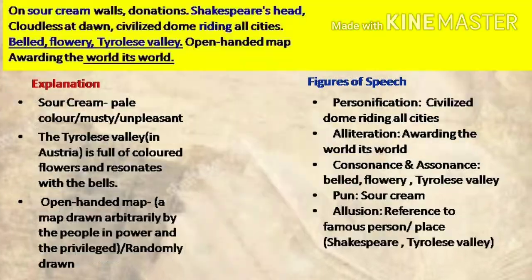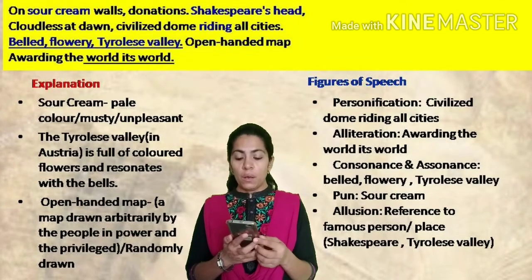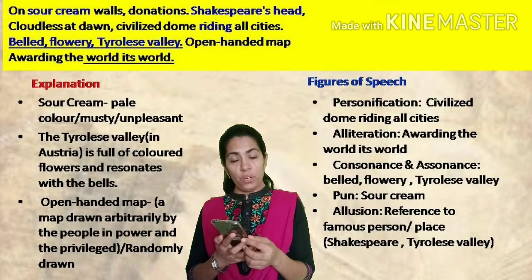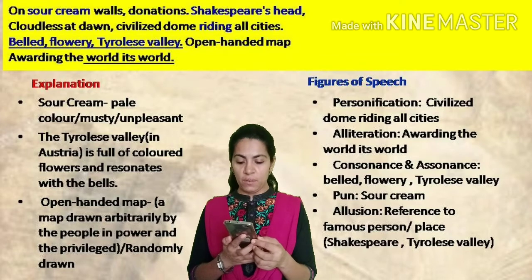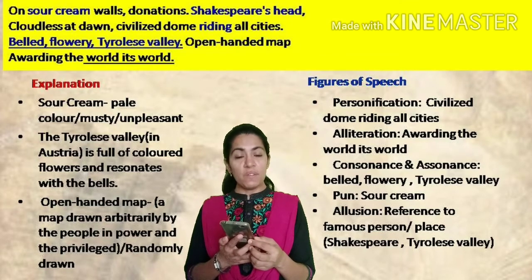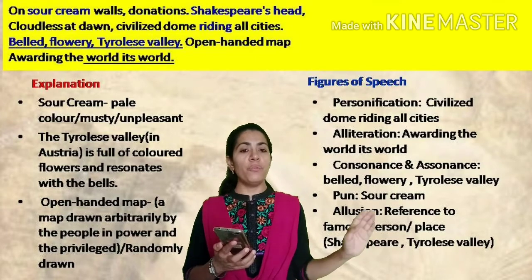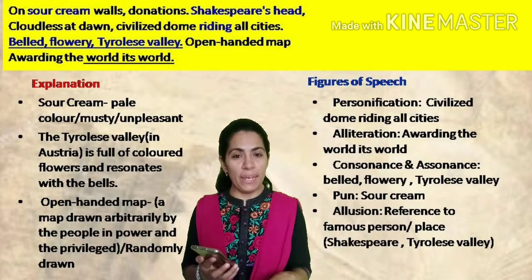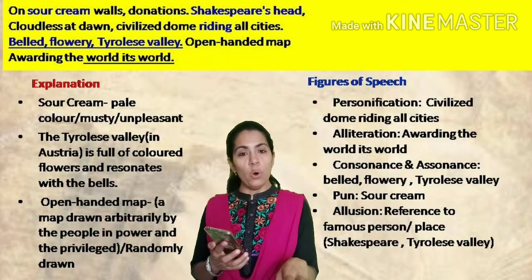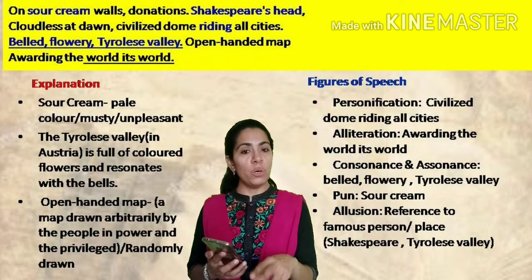Now, moving on to the second stanza. "On sour cream walls, donations. Shakespeare's head, cloudless at dawn, civilized dome riding all cities." Now, the walls of the classroom have turned pale, sour cream walls. Again, a pun on the word sour cream.